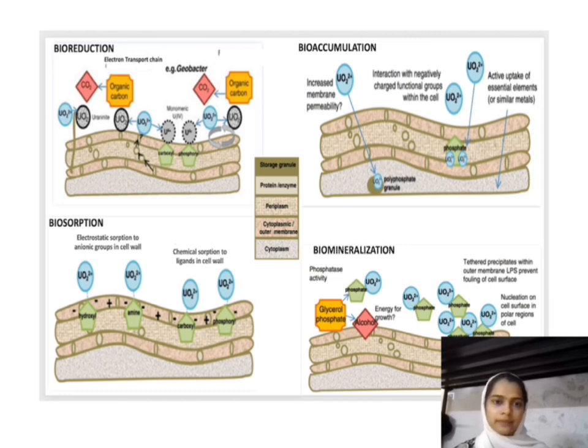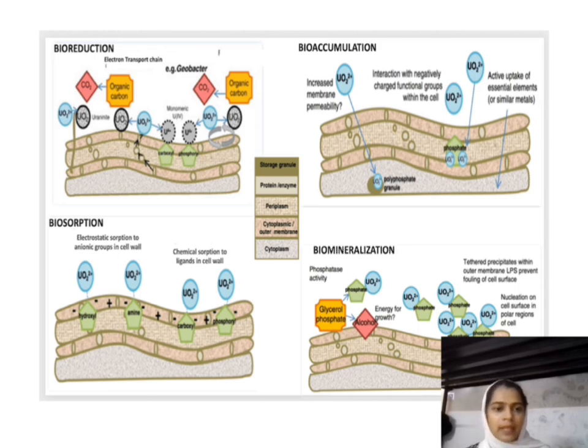Bioaccumulation is the building up of these elements inside the bacteria. Some of them are really effective for bacterial growth. These bacteria take in the radioactive elements and put them into their cells, conserving them.